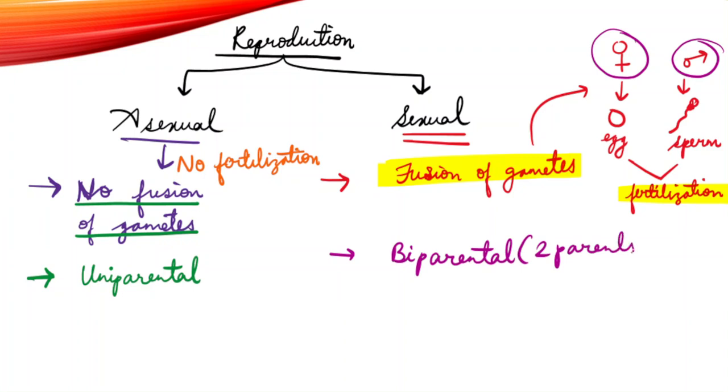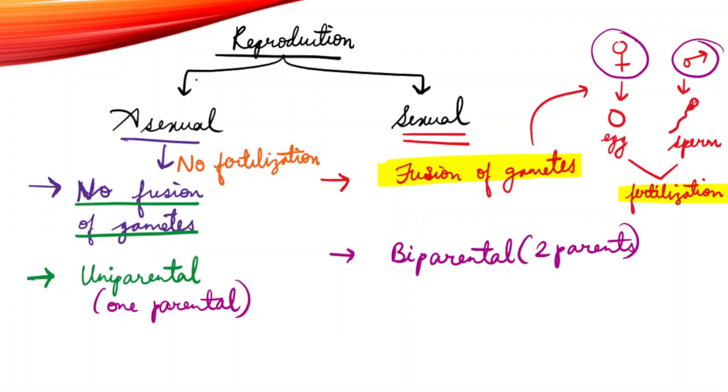Here, how many parents? One parent, only one. Like in the case of amoeba, and in sexual reproduction you can take the example of humans or flowering plants and angiosperms.